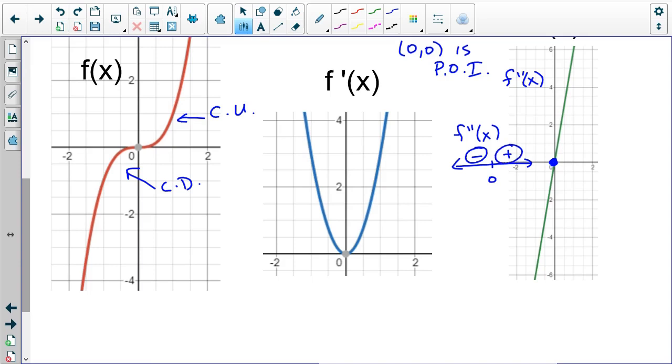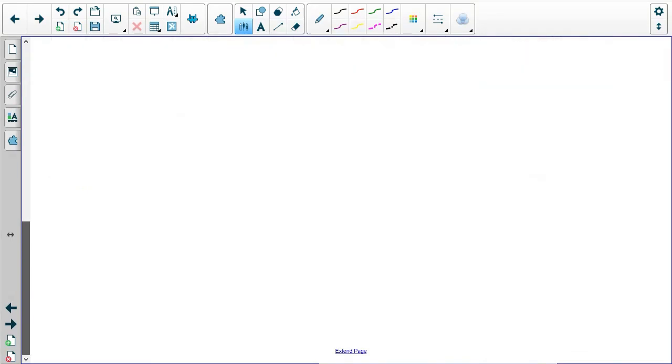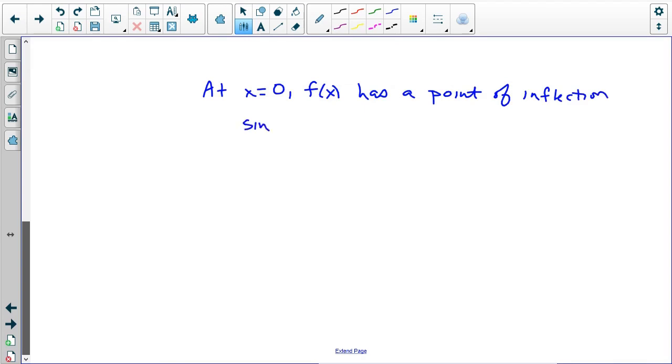So if I were writing this for the AP test and it was asking for a point of inflection, I would say something like: at x equals 0, f of x has a point of inflection since f double prime changes from negative to positive.